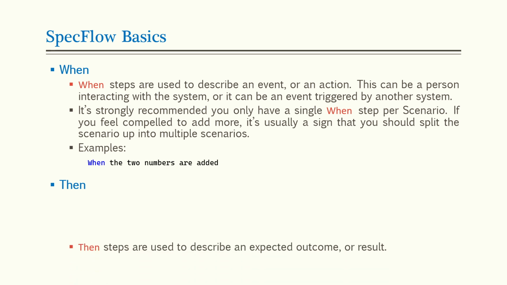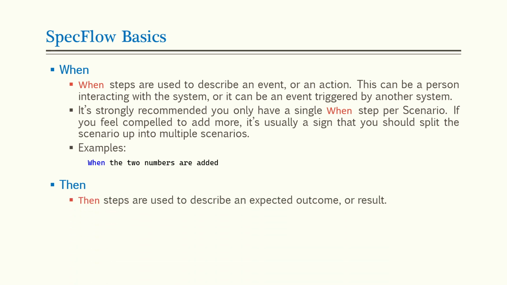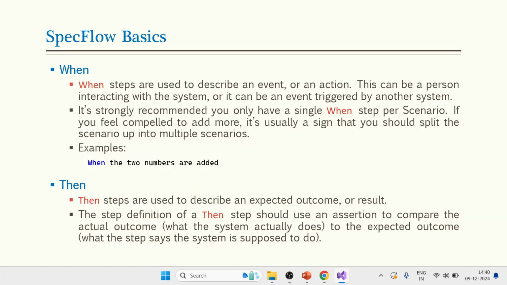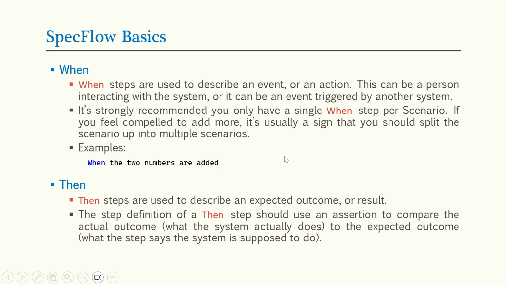or action. Then steps are used to describe the expected outcome or result. The step definition of a then step should use an assertion to compare the actual outcome, what the system actually does, to the expected outcome, what the step says the system is supposed to do.